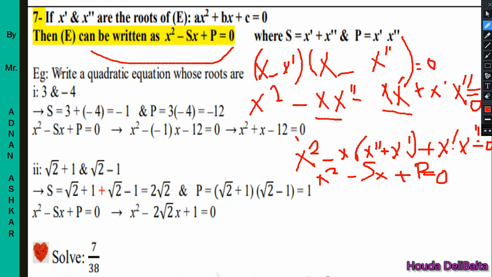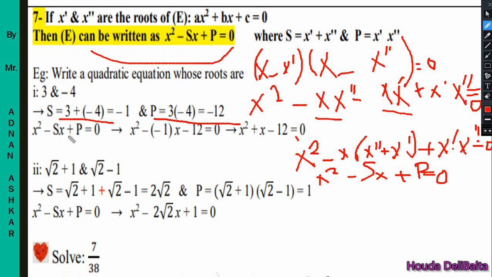Here is another example in another way. We have to write the quadratic equation whose roots are 3 and minus 4. Then the roots are represented by x prime and x double prime. So I can get the sum using the sum of these two roots. 3 plus minus 4 is minus 1. And I can get the product, which is 3 into minus 4, which is minus 12.